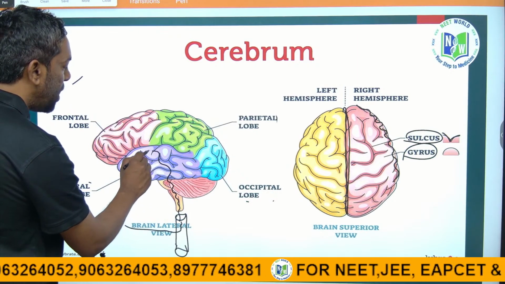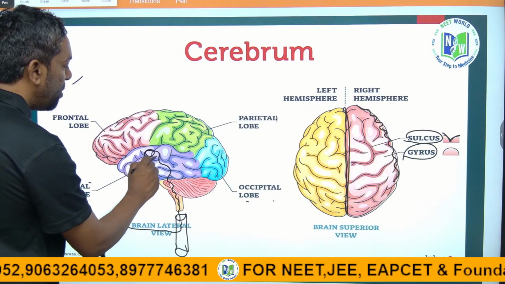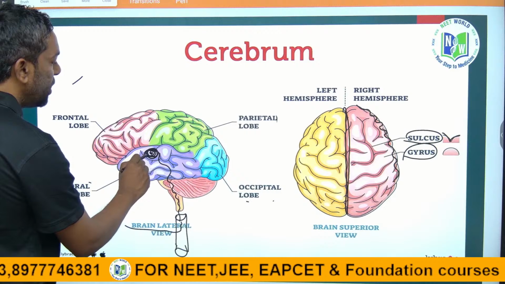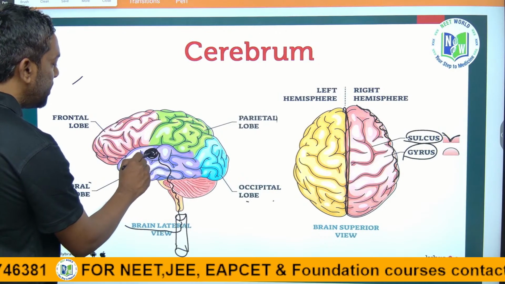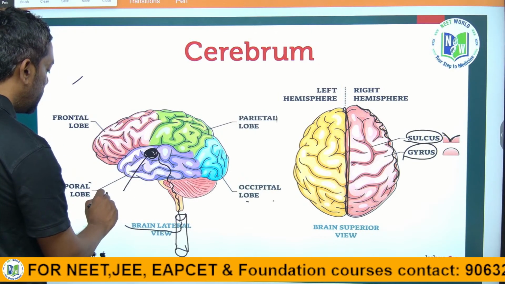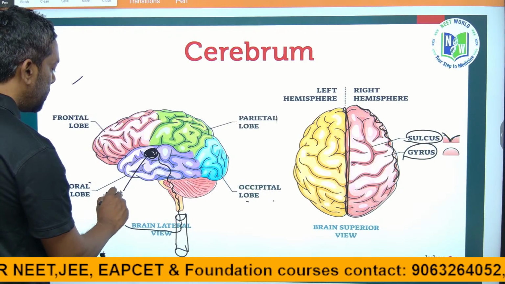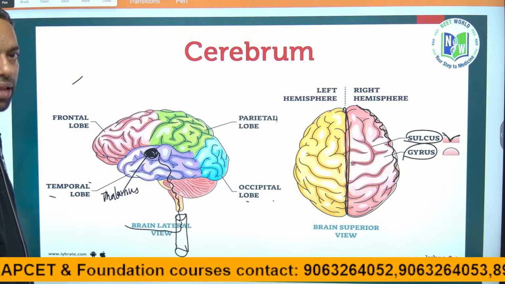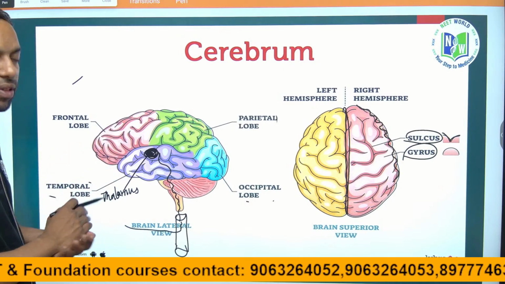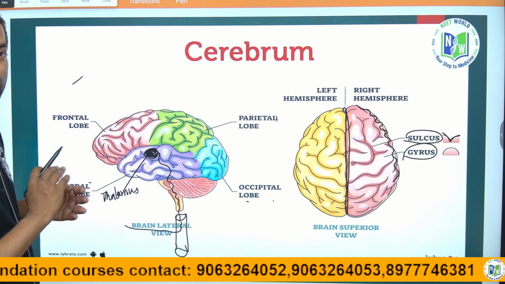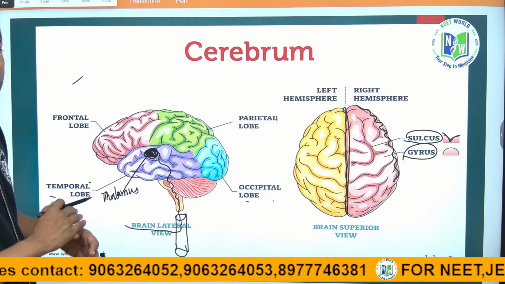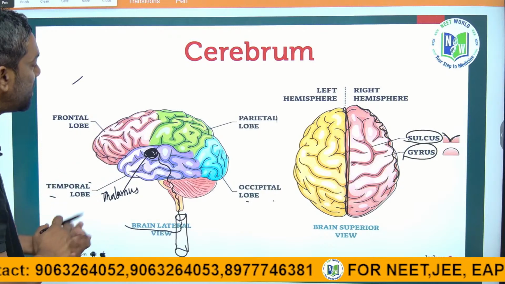Finally, there is a part here, the thalamus. The thalamus is the part which can analyze. Yesterday we discussed where the thalamus is located: thalamus, hypothalamus, epithalamus. This is the thalamus.